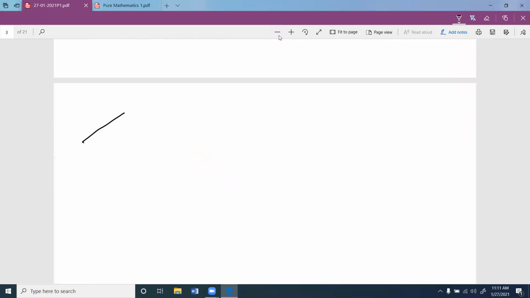The values given are 0.4 radians and 5 meters. They need to find the area over here. The question is: find the shaded area.